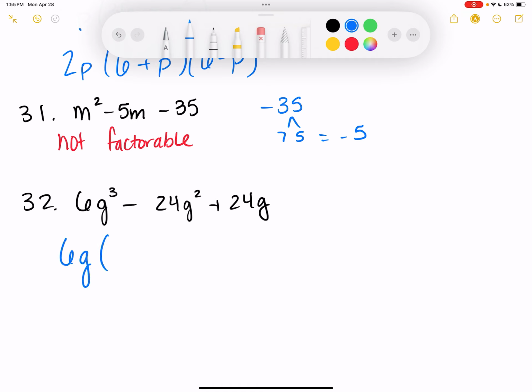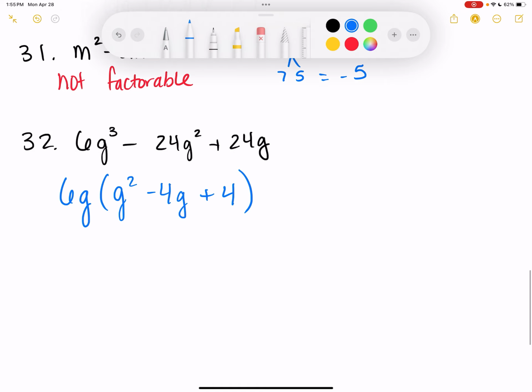Yeah, 6g. So that leaves me with g squared minus 4g plus 4. Now I'm looking at the stuff in here to see if it can factor any farther. Sometimes it can, sometimes it can't.